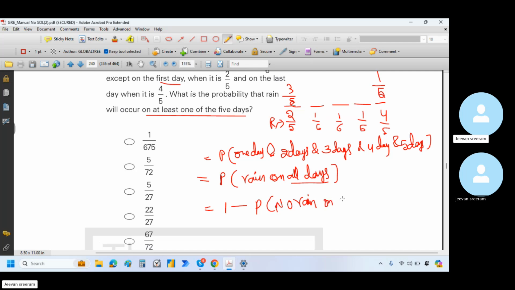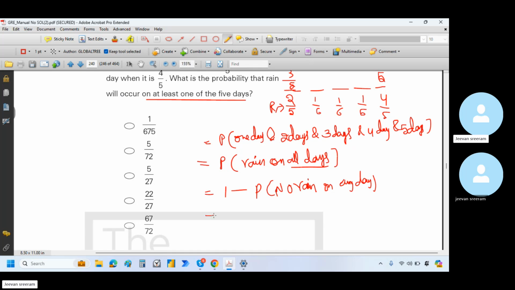No rain on any day. No rain on all the days.